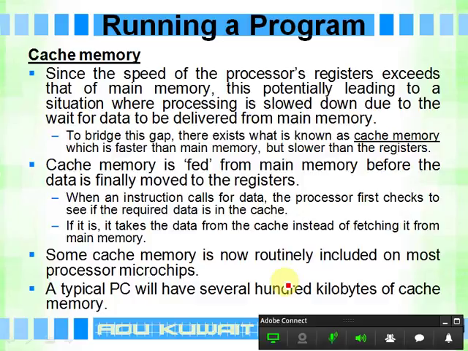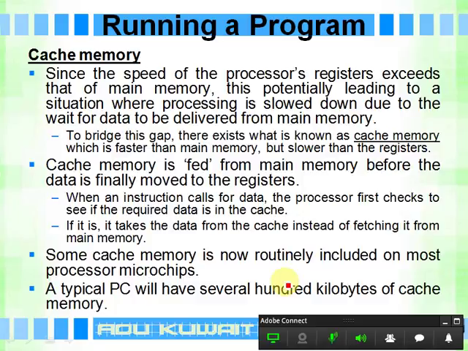The next is cache memory. This cache memory sits between the main memory and the processor. We talked about registers, right? Register is inside the processor, inside the CPU, but this cache memory is outside the CPU, between the main memory RAM and the CPU.